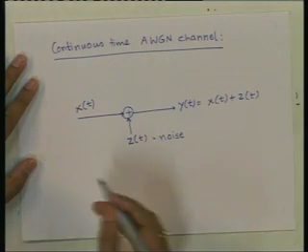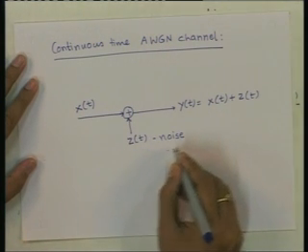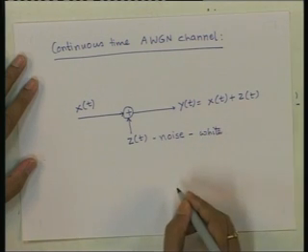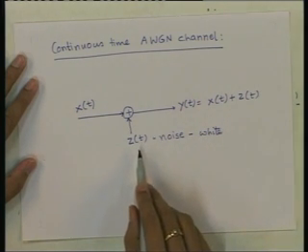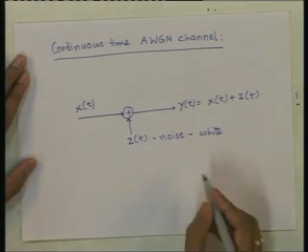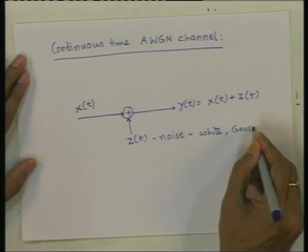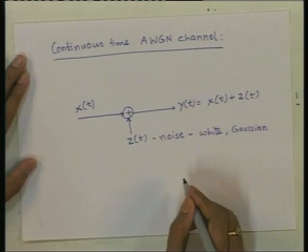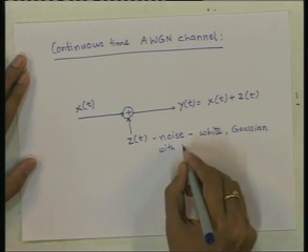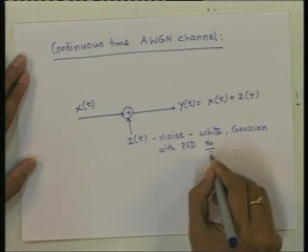Just like the discrete time version, this noise is assumed to be white, that is, the autocorrelation function of this noise random process is the Dirac delta function. It is white and Gaussian, with power spectral density N0 by 2.